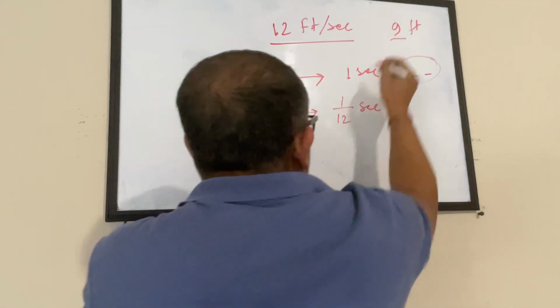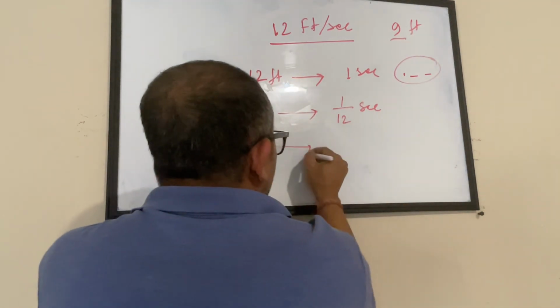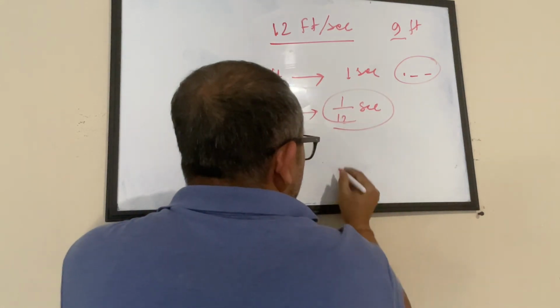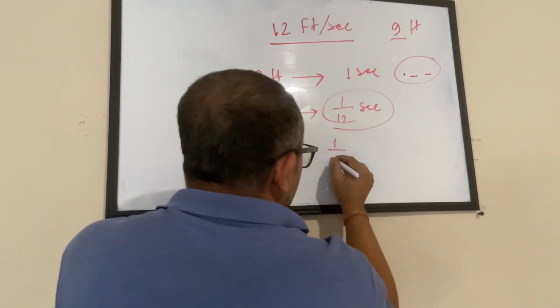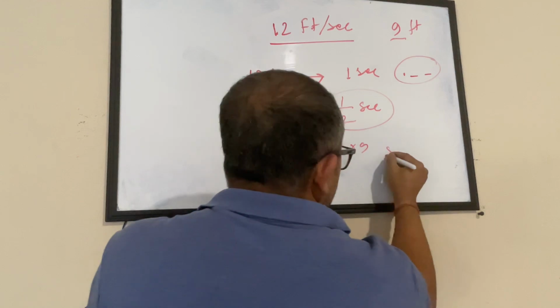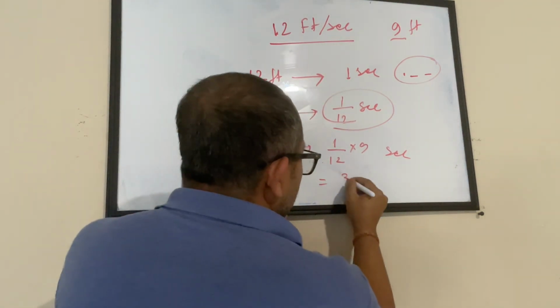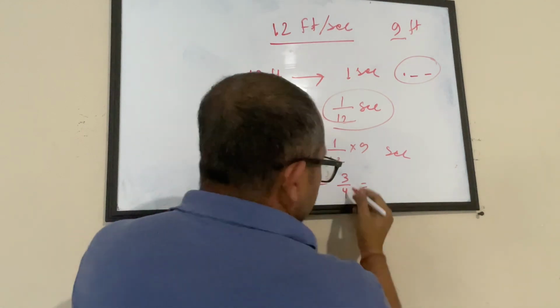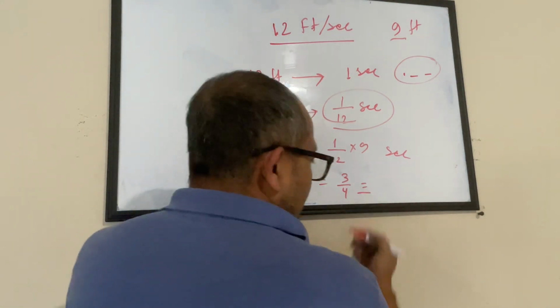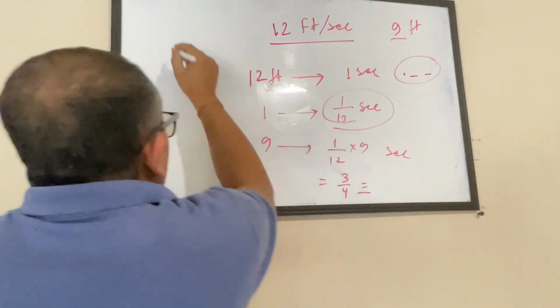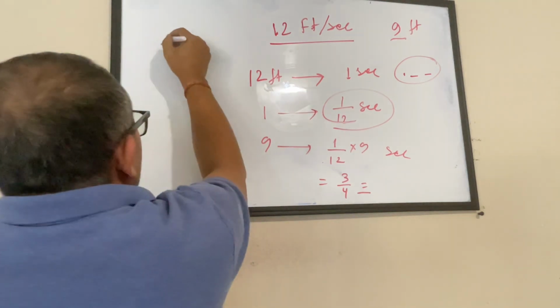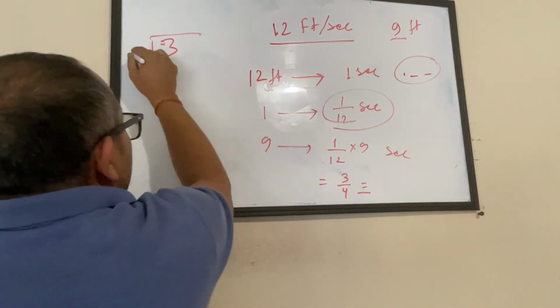I have to cover 9 feet, so I will take 9 times this time. So 1/12 into 9 seconds. Okay. So this gives me 3/4. And 3/4, when we convert this into decimals, you all know the chicken egg story, meaning 3 I have to divide by 4.